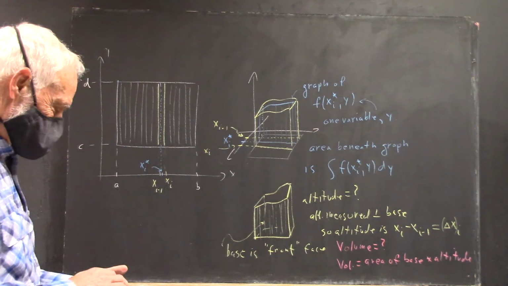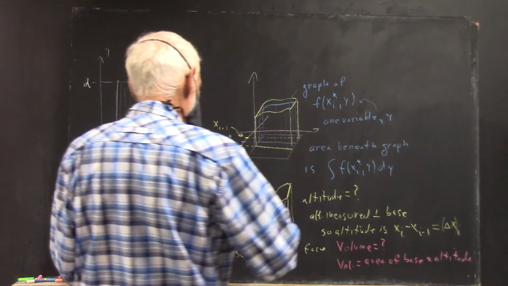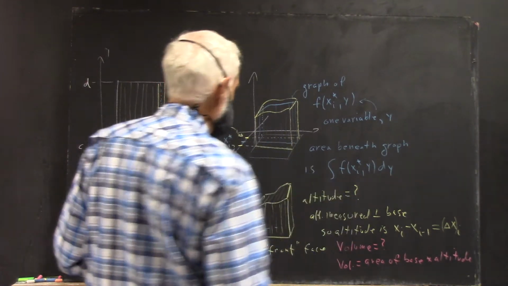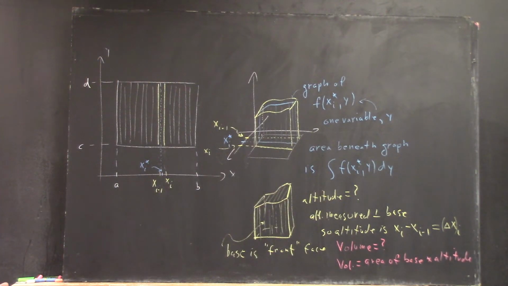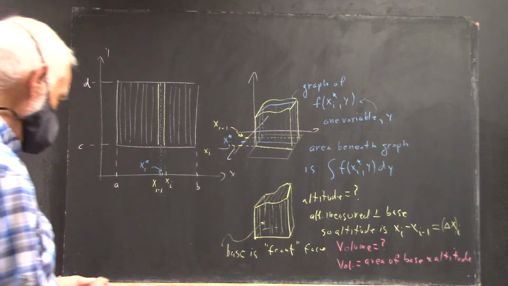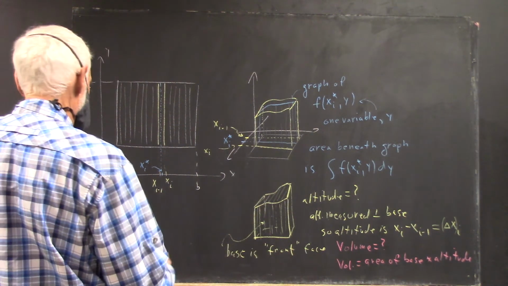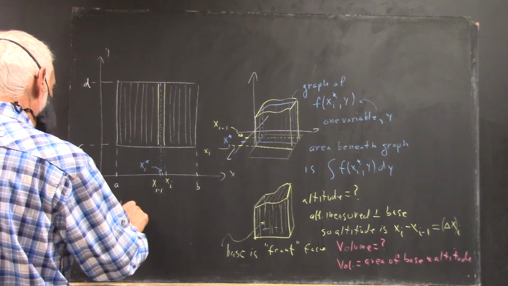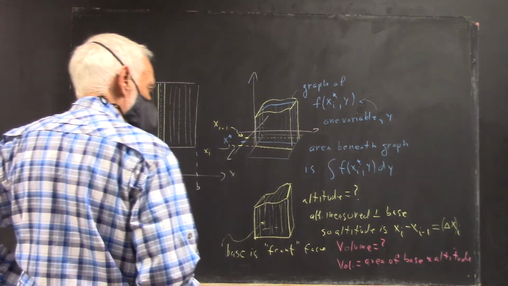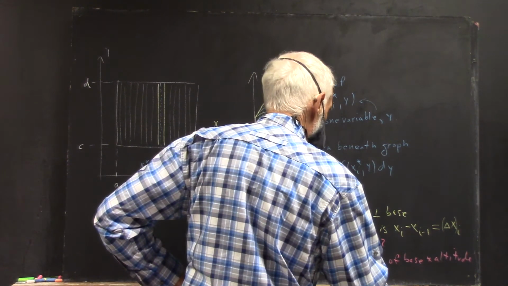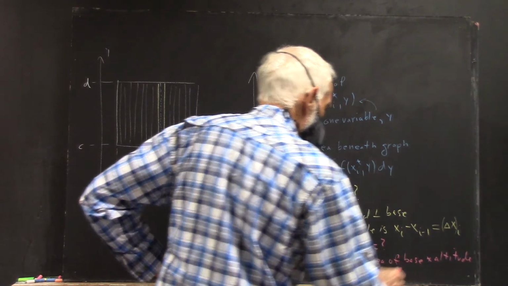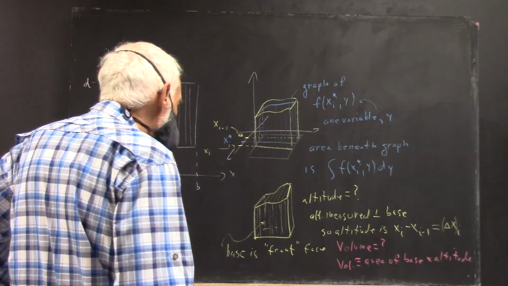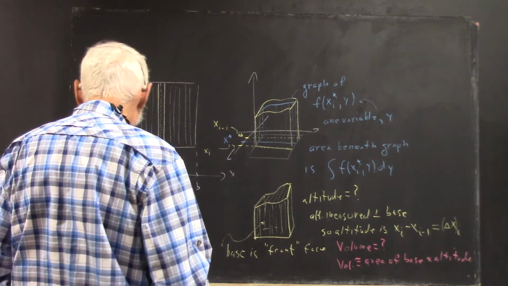Anyhow, there we kind of have the picture. Go ahead and make this even clearer. Oh, that's good. Okay, so now I say volume is approximately equal to the area of the base times the altitude. And I guess there's one other step.